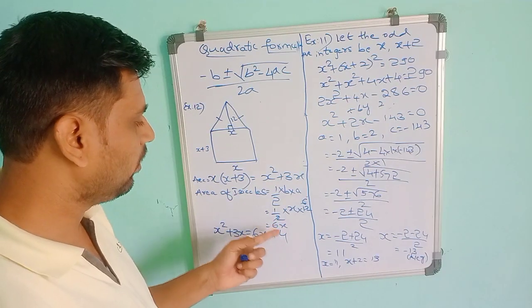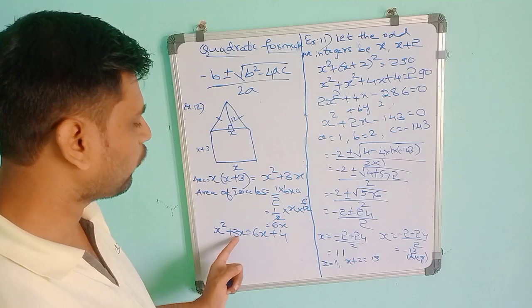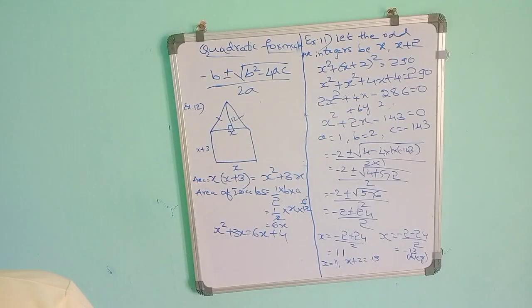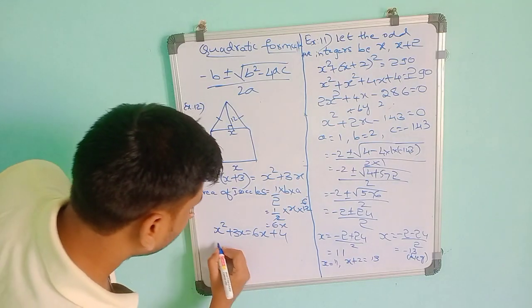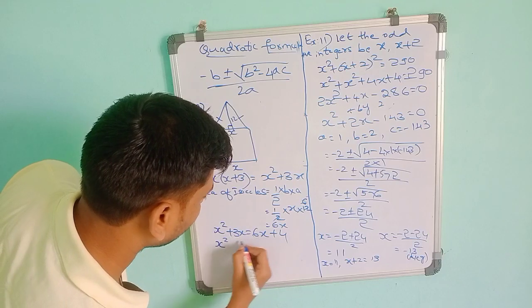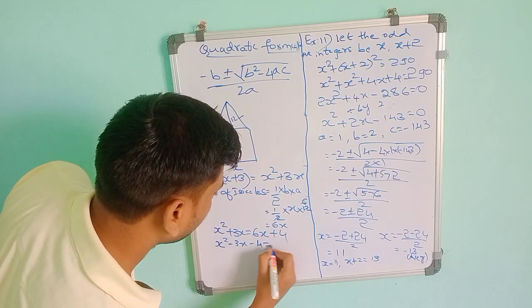Isosceles triangle formula is 6x. So 6x plus 4, this side x square plus 3x. Then you can solve this equation as a quadratic equation. So x square plus 3x, this side plus 3 minus 6 will be minus 3x, and minus 4 is equal to 0.